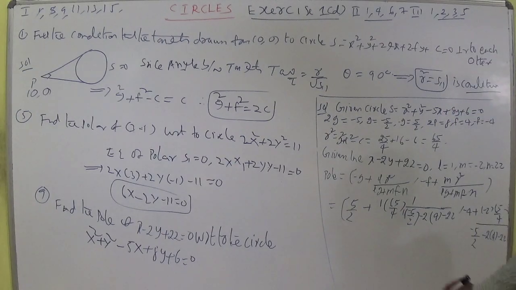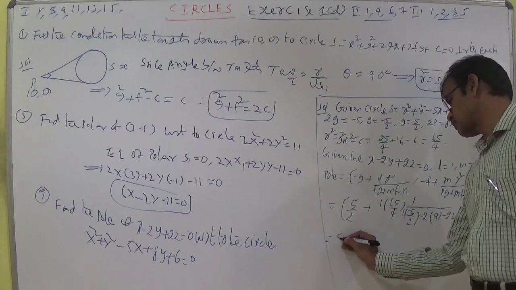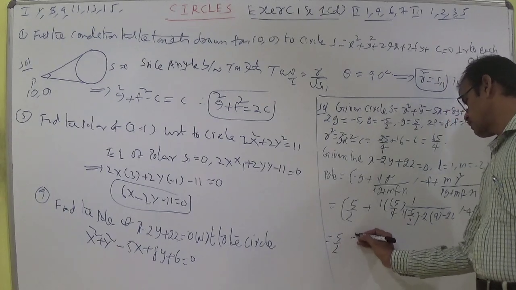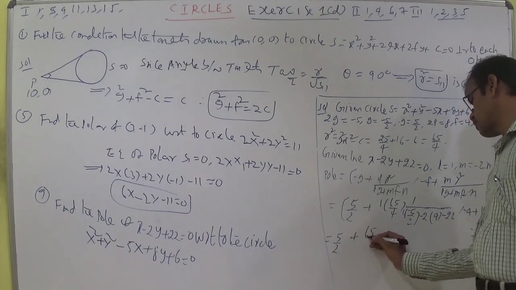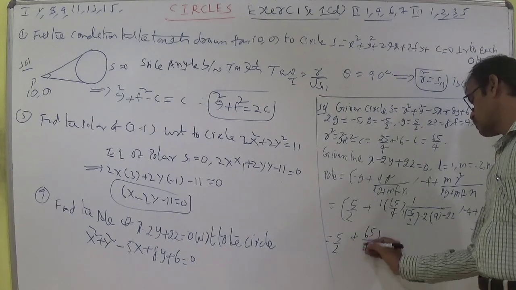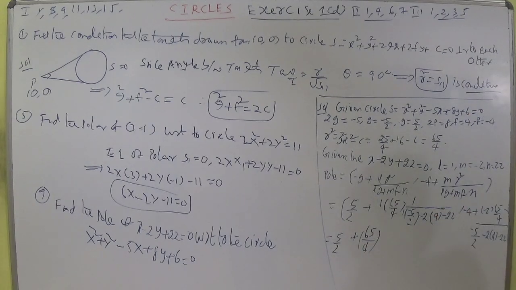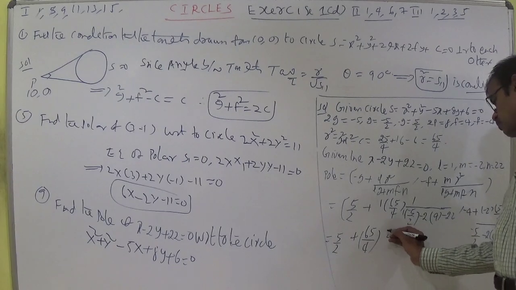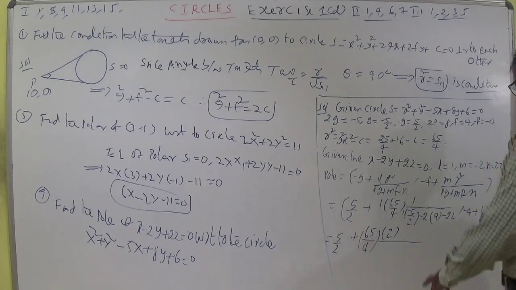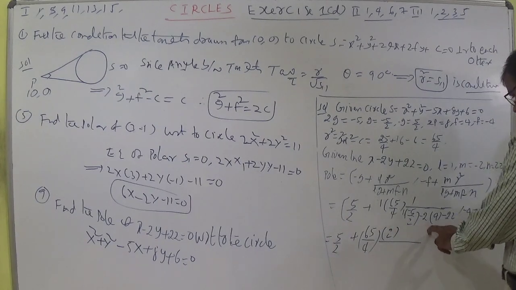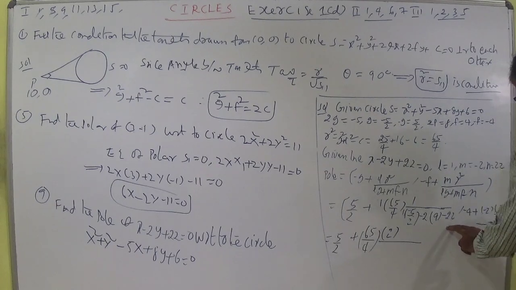So we can write here 5/2 plus 65/4 into, taking the LCM 2 in the numerator, 2 fours are 8, 8 and 22 is 30, 32s are 60.